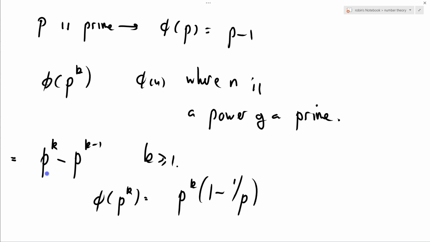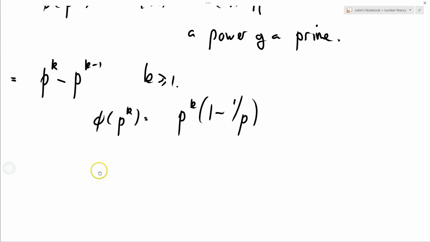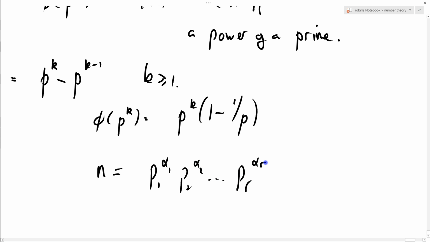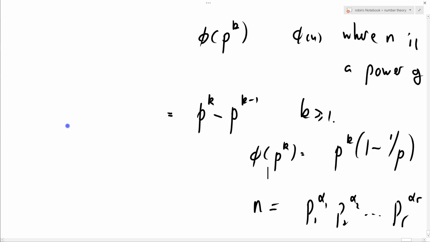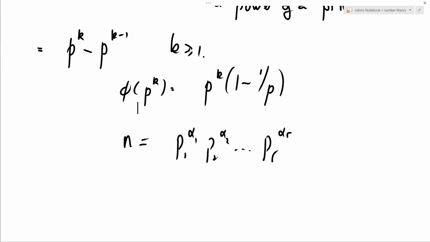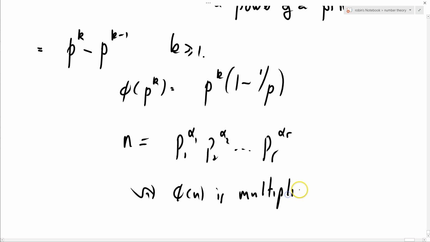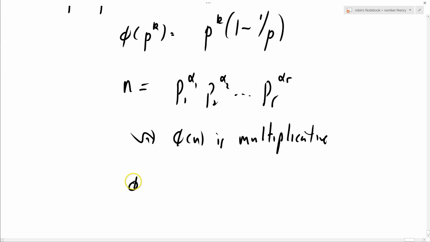yeah, well actually, why not use that? So if n equals p1 to the alpha 1, p2 to the alpha 2, up to pr to the alpha r, then we can use the fact that phi of n is multiplicative. We can use that fact now to evaluate phi of n, rather than counting all the stupid things.